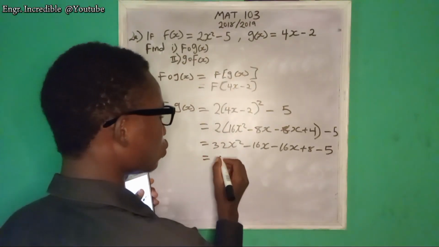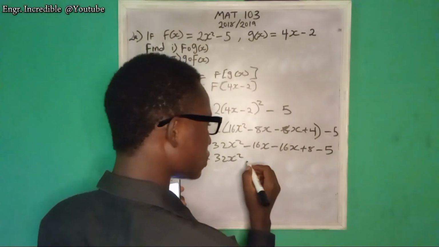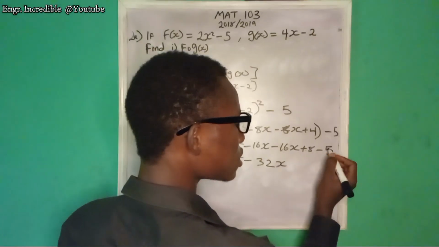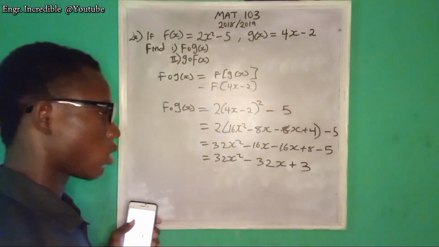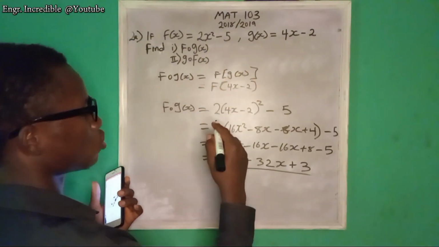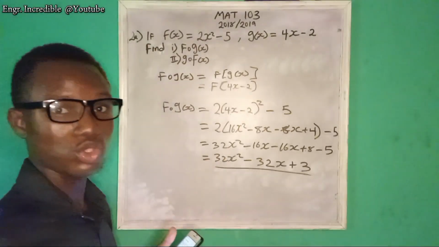So this is equal to 32x squared minus 16x minus 16x, that is minus 32x. Then 8 minus 5, we have plus 3. So our final answer here is 32x squared minus 32x plus 3. That is the answer for f o g of x.